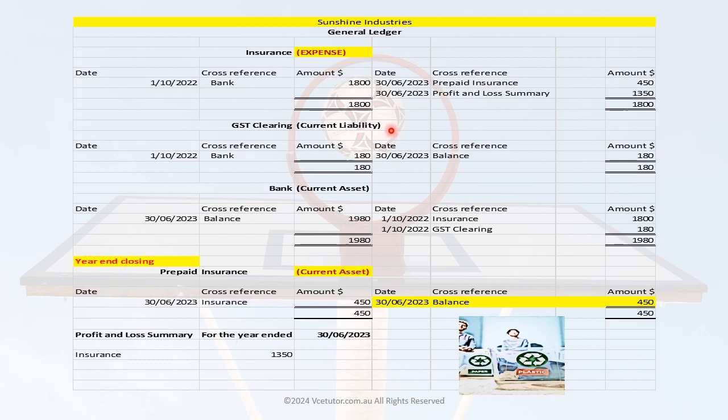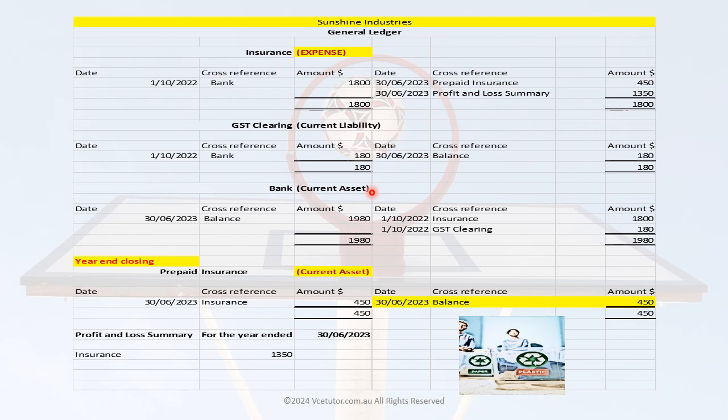The cross-referencing for this, we have to put this in insurance, so we can go into insurance account on the credit side, 30th of June 2023, 450. By taking this account insurance expense account on the debit 1,800 on the credit 450, there will be a difference of 1,350 that should be transferred to profit and loss.